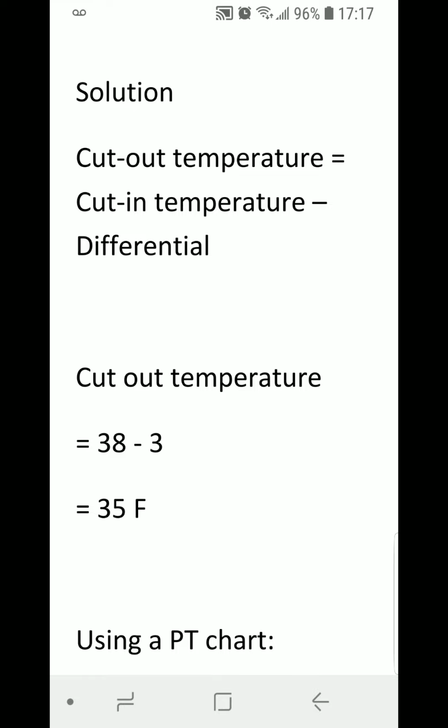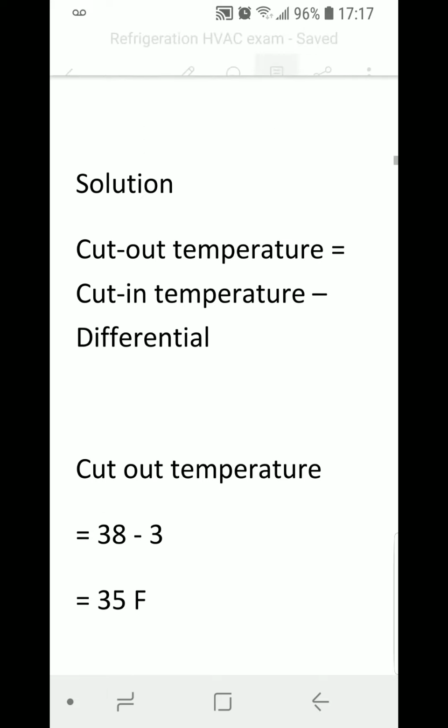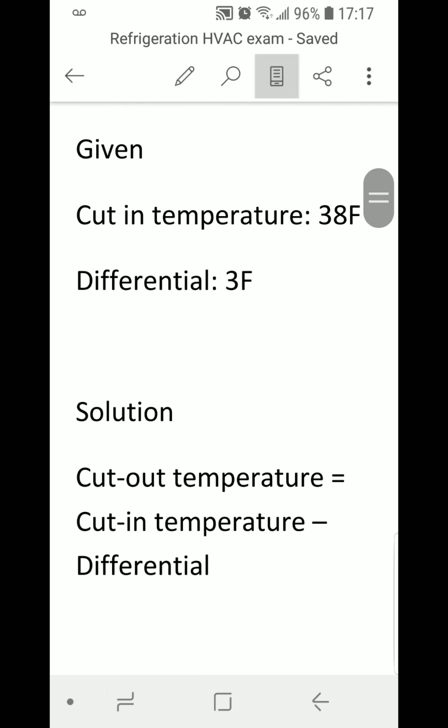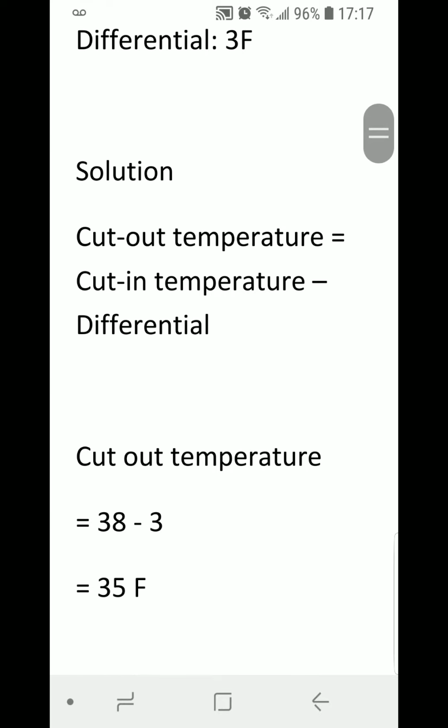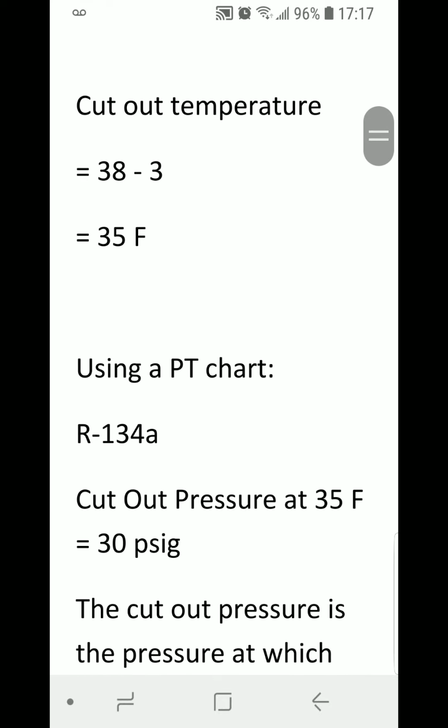Okay, so we need to find out the cutout temperature, and we can do this by taking a look at our given. We are given cut-in of 38 and a differential of 3 Fahrenheit. So to find out the cutout temperature, we just subtract 38 minus 3, we get 35 Fahrenheit.